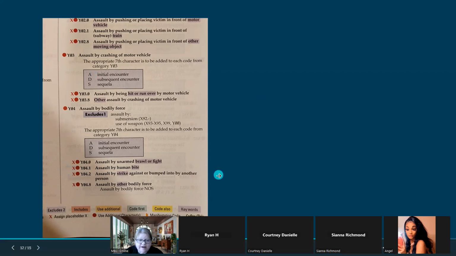I have a question. What you got? Okay, so whenever you said you looked in the index for assault, the only assault I saw was sexual. So how did we find that one? Let me go back to the index and we'll look at exactly how it's laid out. Assault, I think, is one of those that has pages of stuff to look through.